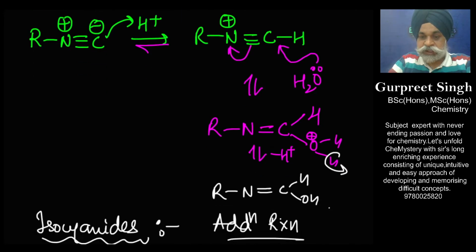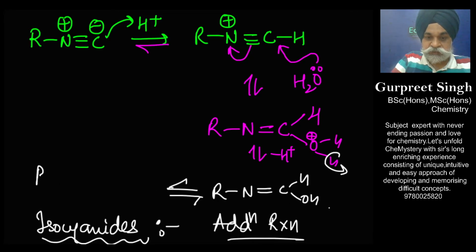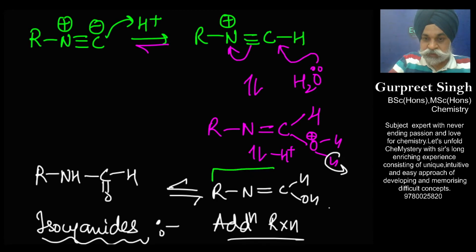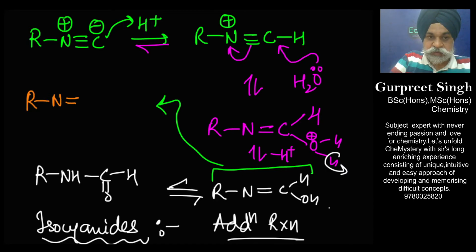Now, if you look at this species carefully, if you tautomerize it, it would reach this point. Let me show you once again what I'm doing here. So let me place this molecule here. This molecule is R N double bond C, with OH on one side.